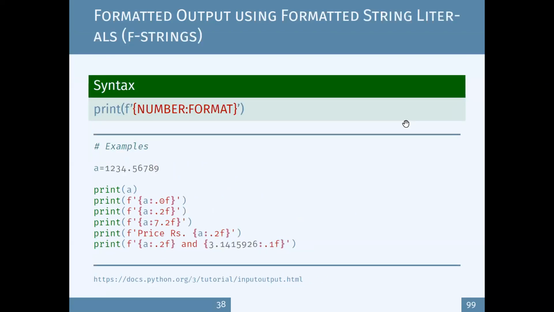So this is the newest version, or newest number representation. This is called formatted string. So you can see here, we have a simple F and a single quote. Within that, within curly brackets, we represent the number and the formatting. Right. So let's see an example.